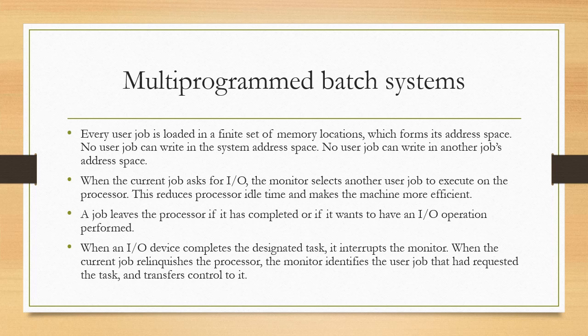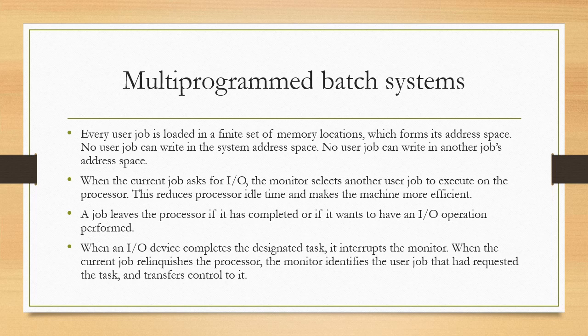When the current job asks for I/O, the monitor selects another user job to execute on the processor. This reduces processor idle time and makes the machine more efficient. A job leaves the processor in two conditions: if it has completed or if it wants to have an I/O operation performed.